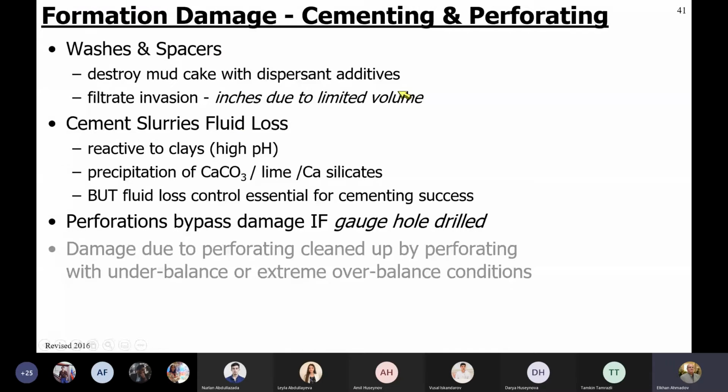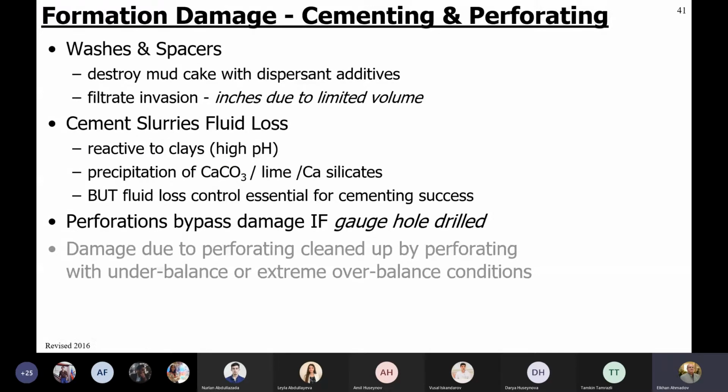The more important is the cement slurry, the fluid that we inject with the cement. Here we have high injection rates, and these slurries may be reactive to clays. So clays will be swelling and reducing permeability.